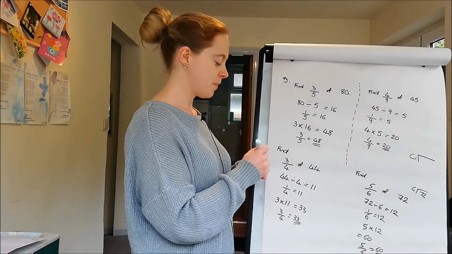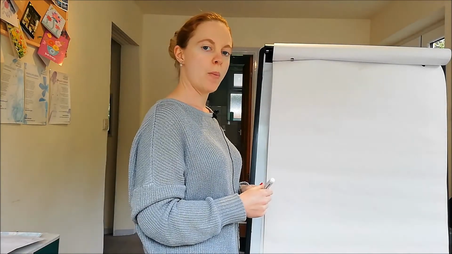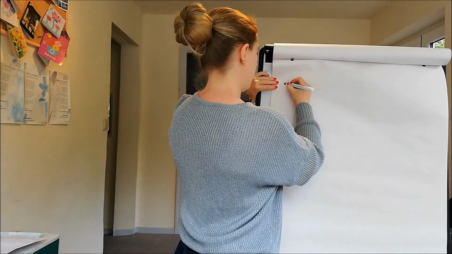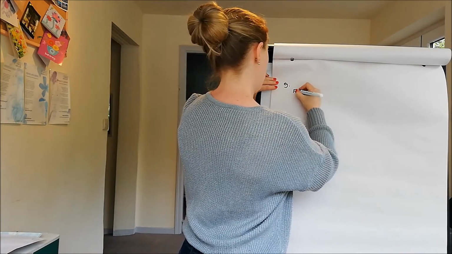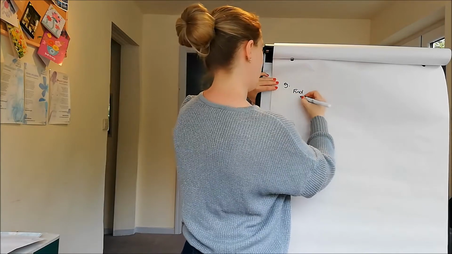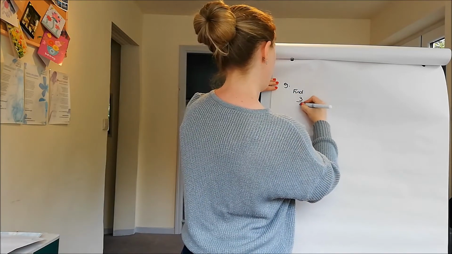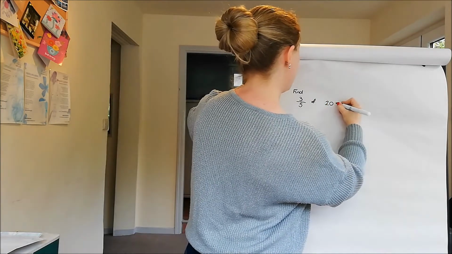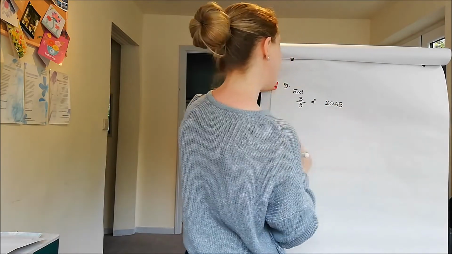Okay. I'll just show you one where the numbers are bigger. So if we have e.g., find 3/5 of 2065.